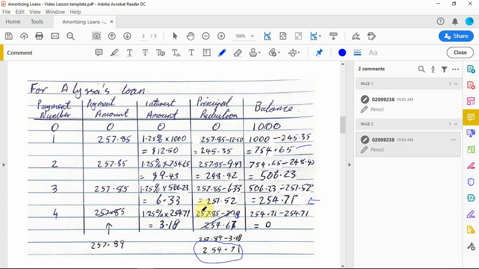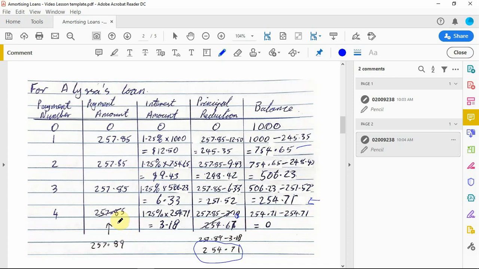So when you do that, 257.85, what our normal repayment would be, 254.67. You can see it's like just a few cents difference there, 4 cents. So if we just kept this last repayment the same, we would still owe 4 cents, and that's a bit ridiculous. So what we need to do is we need this extra 4 cents.